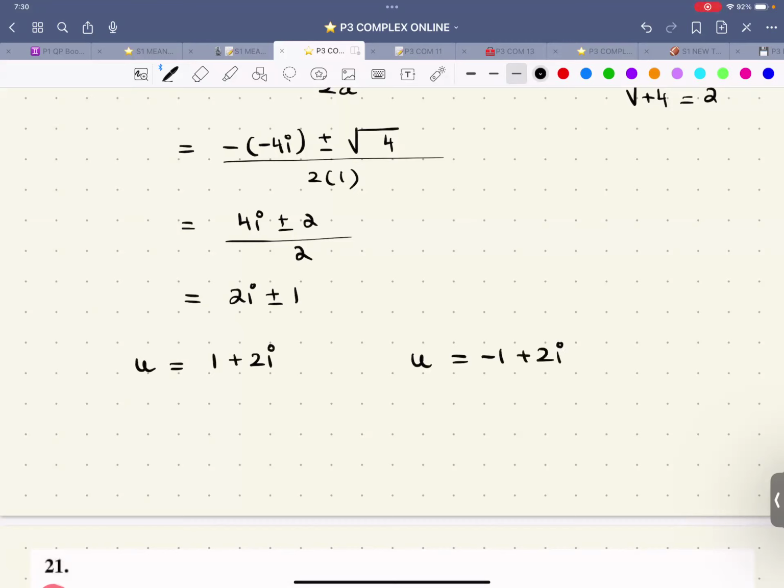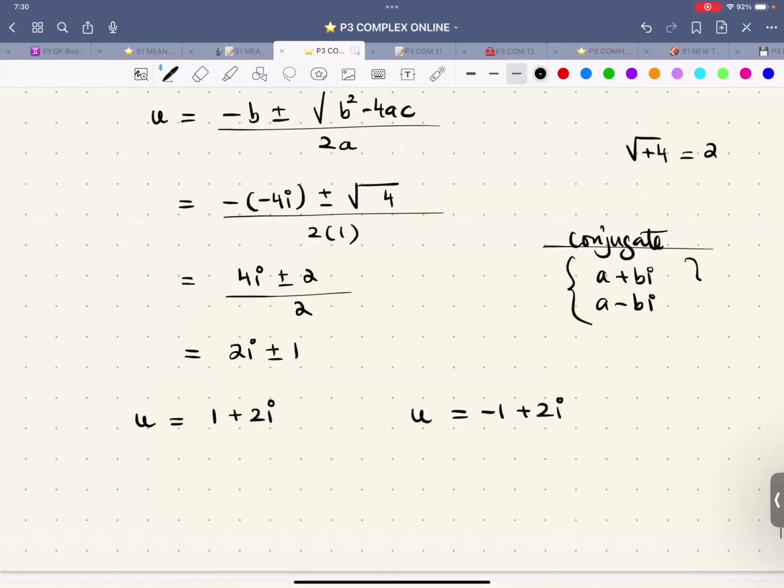It's not the normal conjugate, because the normal conjugate that we know of is a plus bi, a minus bi. Whenever we obtain roots, they are of this form, provided the coefficients are real.